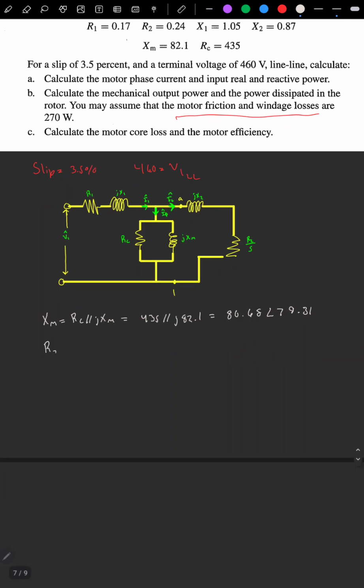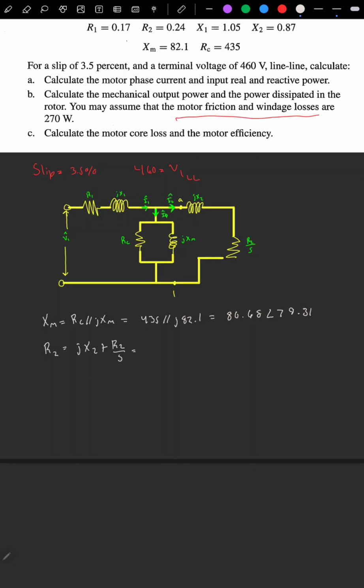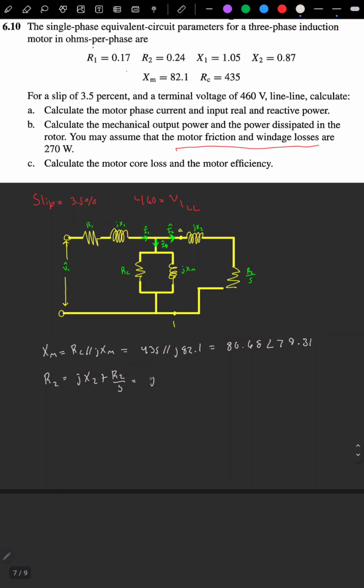Now we can find our R2. Our R2 is going to equal jX2 plus R2 over s, which is j0.87 plus R2, which is 0.24, over the slip, which is 3.5%.